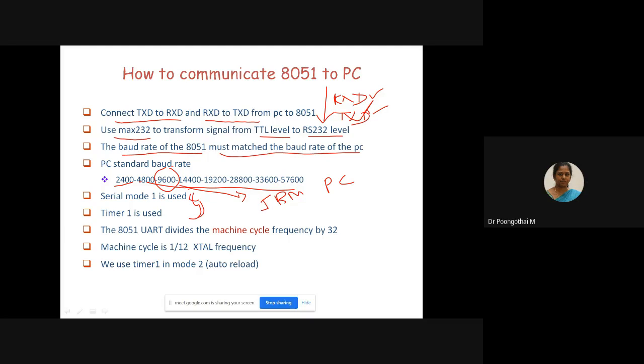Your 8051 has an internal UART circuit; first the oscillator frequency is divided by 12, and that value is again divided by 32 by the UART. And we have to use timer 1 in mode 2 for baud rate generation. I will explain that in the next class.